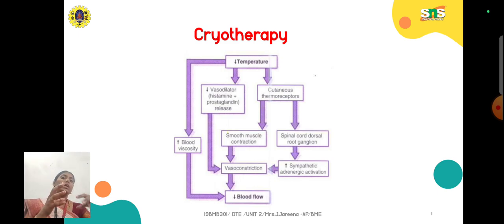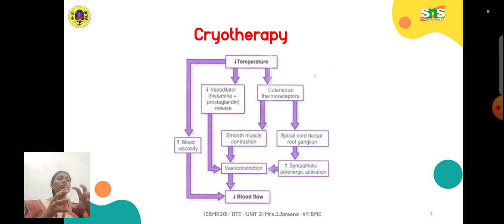Since it is a temperature modality, we have thermoreceptors over the skin, which get activated. They give signals to the brain through the nerves, especially to the spinal cord. The spinal cord then gives signals to take over the sympathetic function.